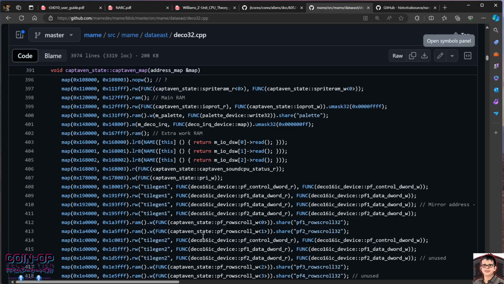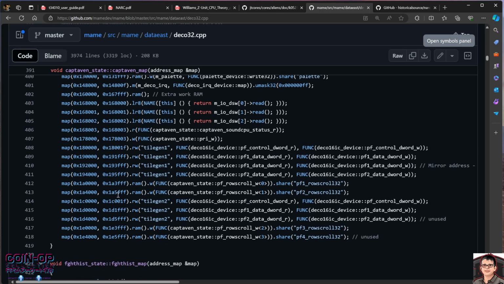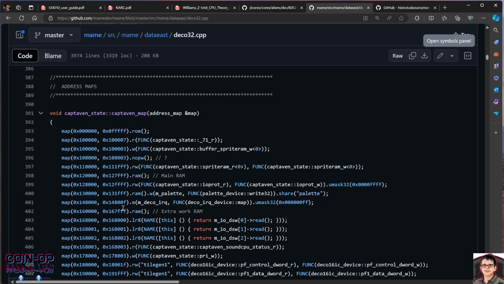Okay, so that's that, and then there are different functions for different addresses that it tries to output on the bus, and they map to different devices and different things that the CPU tries to do to perform its functions. So this is one very critical component that MAME gives us.